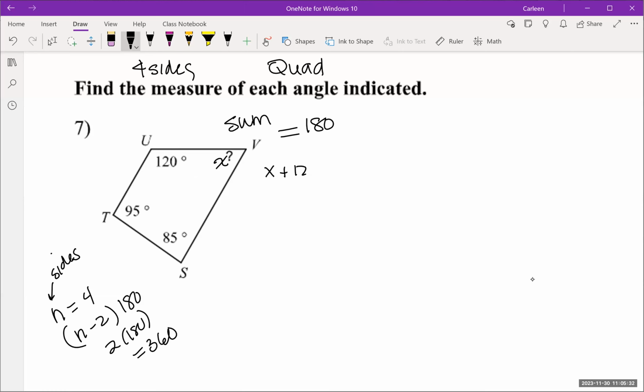Okay, so I'm going to call this X. X plus 120 plus 95 plus 85 is equal to 180. Oh, I told you I'm a little scattered today. 360. Oh my gosh. The sum is 360, right? Not 180.